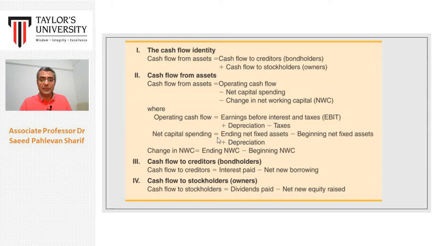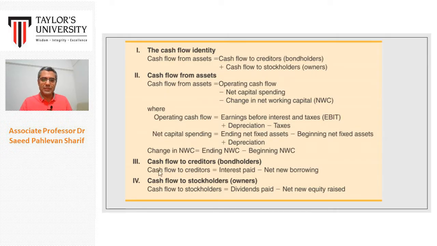Then net capital spending is end of the year net fixed assets minus the beginning net fixed assets plus depreciation. So you can find this information mostly in the balance sheet and the income statement. So you need to have your balance sheet and income statement, check where you can find this information, then put it in the formula and compute. But the logic behind it, I think I could explain it to you.